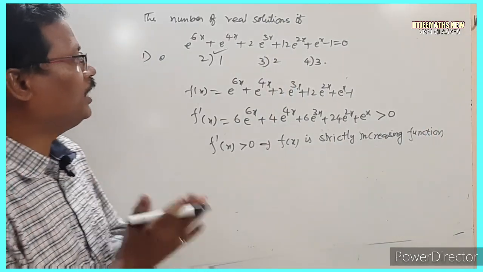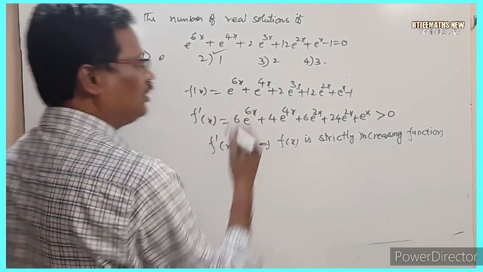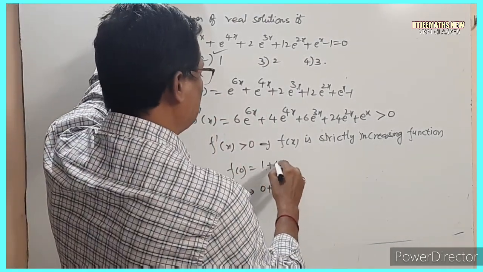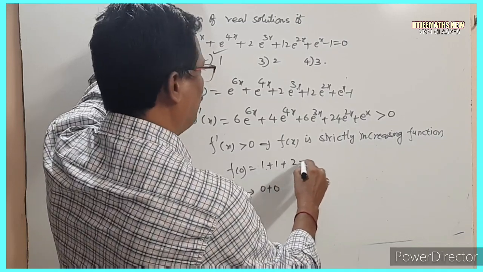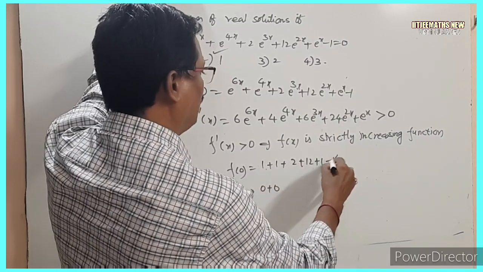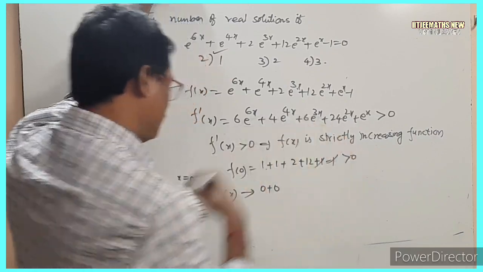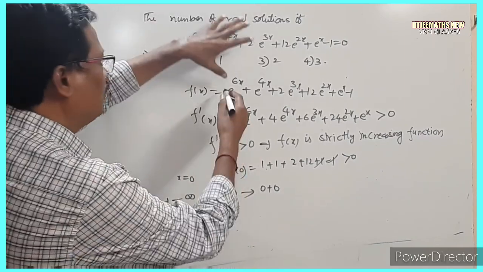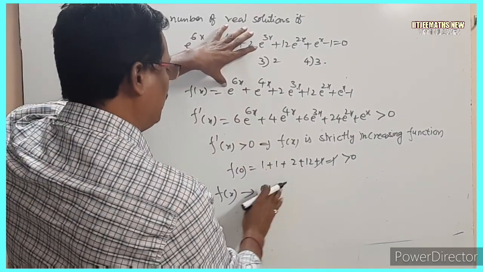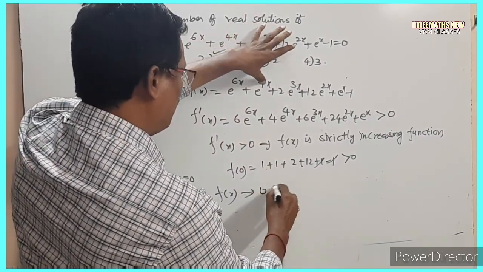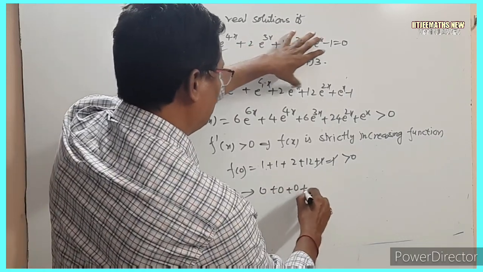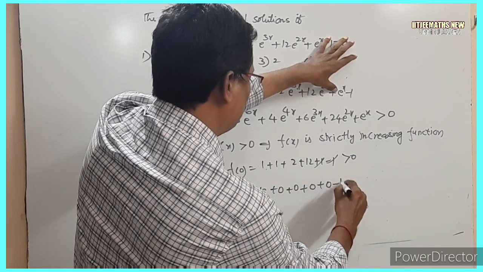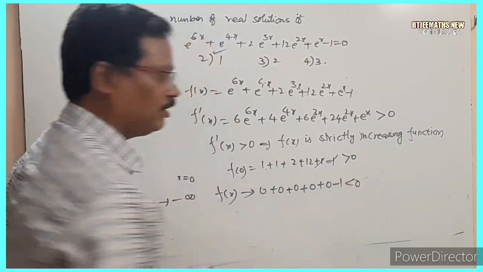Now see that f(x) is this one. If x is equal to 0, what will be this? This is 1 plus 1 plus 2 plus 12 plus 1 minus 1, a positive number. Now if x tends to minus infinity, then e power minus infinity is 0 for every term, leaving 0 minus 1, which is less than 0.